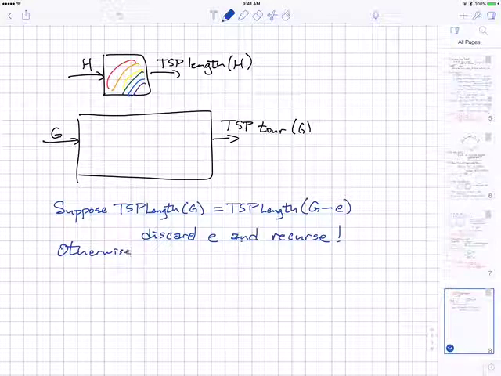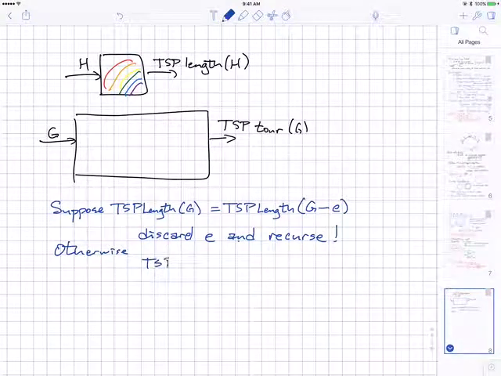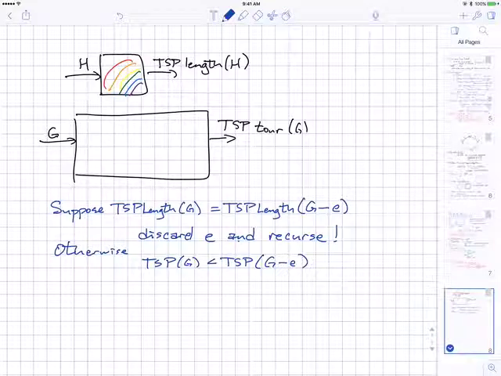Otherwise, well, suppose the TSP length for G is smaller than the TSP length for G minus E. Now what do I do? Right, I somehow need to keep this edge.